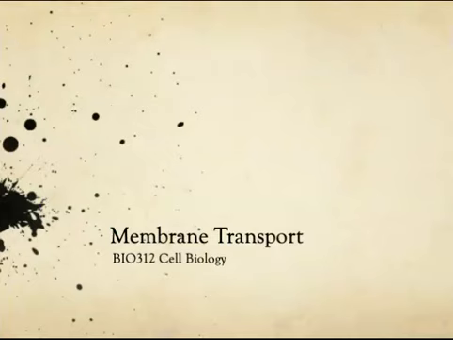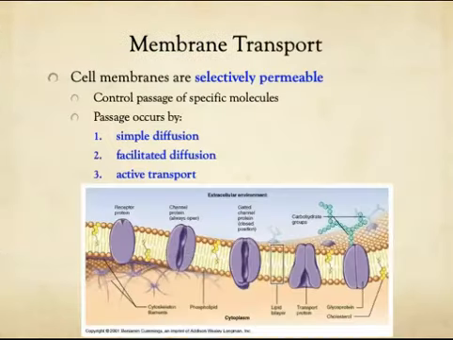Now we're ready to move forward and talk about membrane transport. The variety of structural features that are in a membrane, whether it's a plasma membrane or a membrane around an organelle, are going to determine how permeable that membrane is and whether or not individual molecules can get across.